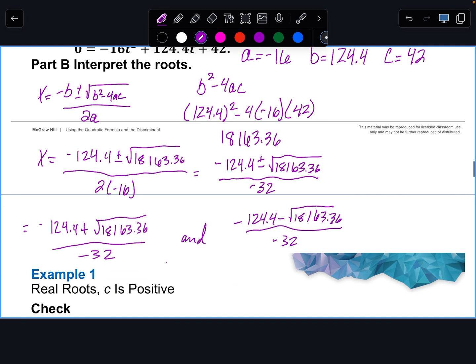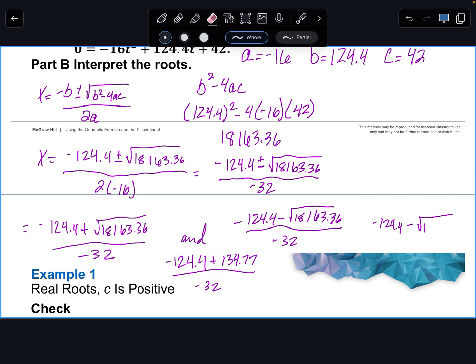So I have negative 124.4 plus 134.77, and I have negative 124.4 minus the square root, 134.77, divided by negative 32.